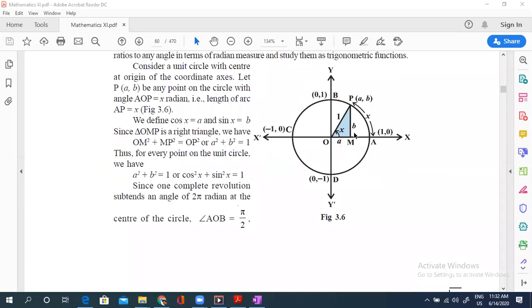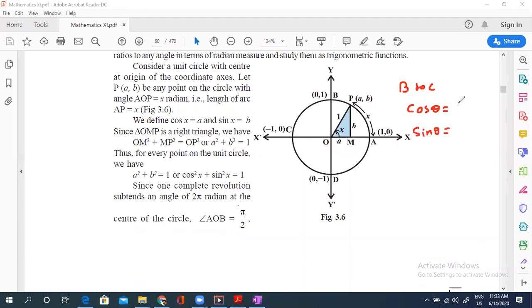Suppose this is B, this is C. From B to C, what about cos theta and sine theta? Tell me.